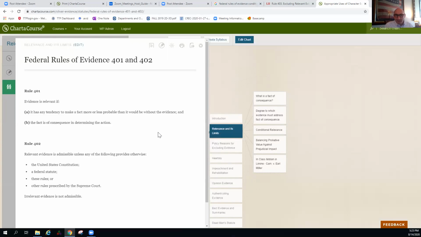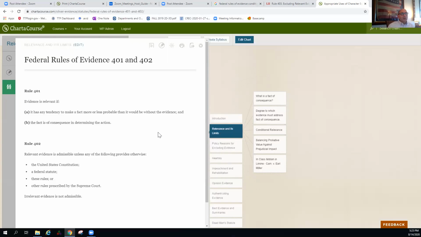The best example of that, for those of you who have had criminal procedure or are taking it now, the Fourth Amendment to the U.S. Constitution has been interpreted to exclude unlawfully obtained evidence, even though it would make a fact at issue more or less probable. Of course, 402 then says irrelevant evidence is not admissible, just kind of the other side of Rule 401.